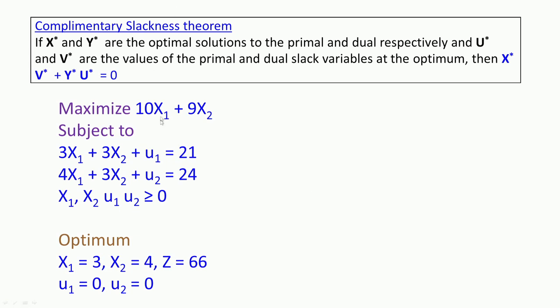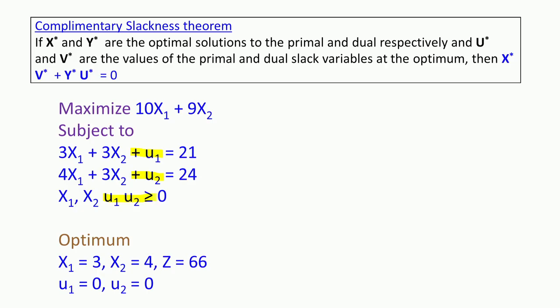So, we start with our problem, maximize 10x1 plus 9x2 subject to 3x1 plus 3x2 less than or equal to 21. We would have written it earlier as 3x1 plus 3x2 plus x3 equal to 21, 4x1 plus 3x2 plus x4 equal to 24. Now, instead of writing x3 and x4, we write u1 and u2. We write u1 and u2 to indicate that u1 is the slack variable for the first constraint and u2 is the slack variable for the second constraint.